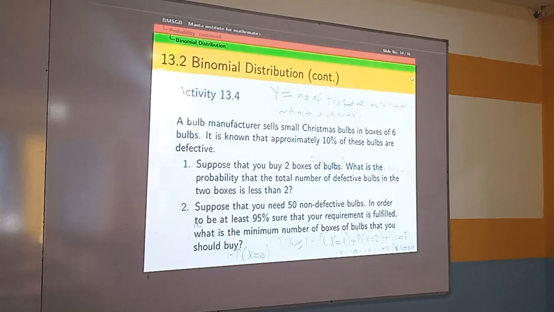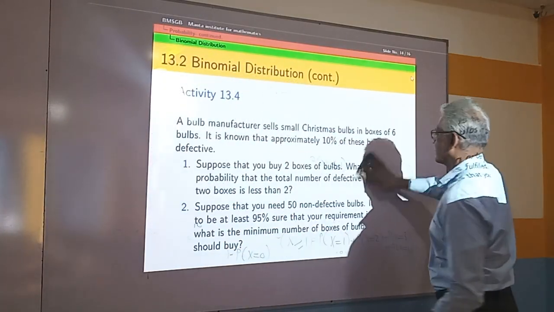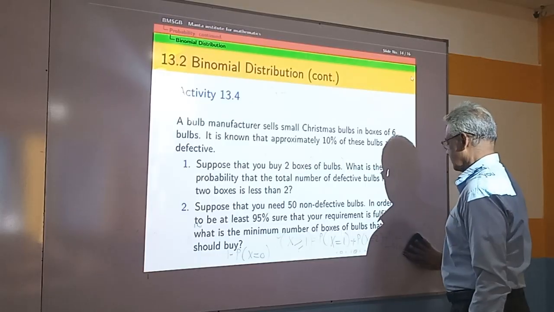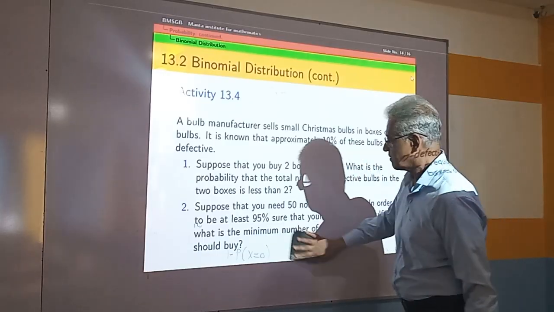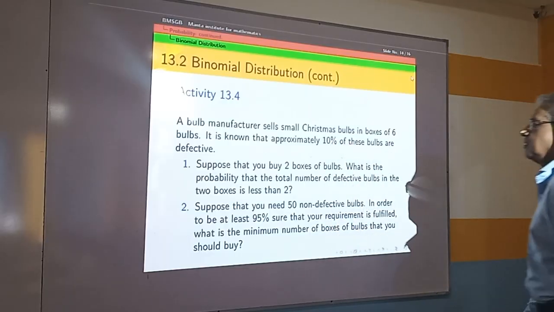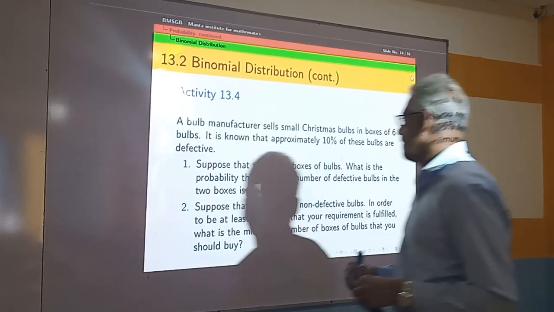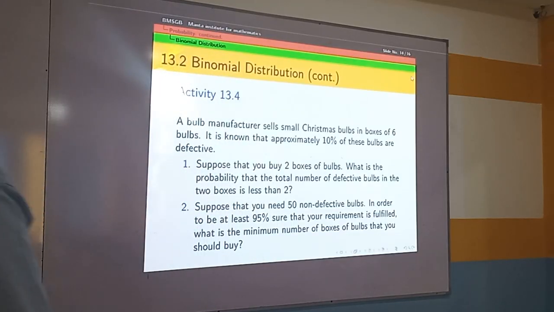Okay, let's try this one. A bulb manufacturer sells small Christmas bulbs in boxes of 6 bulbs.